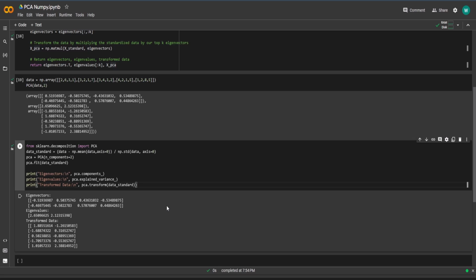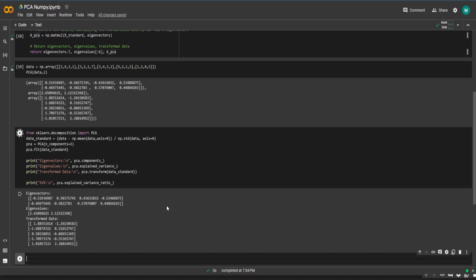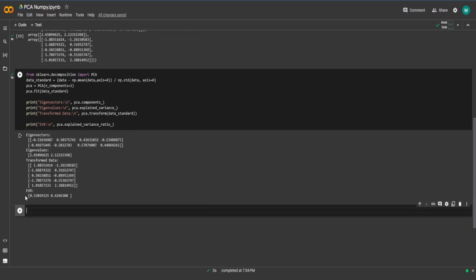Okay, another feature that we can use is the explained variance ratio, which is done by explained_variance_ratio_. Okay, so this is the output. What does this mean? Remember, in the beginning I mentioned that we want to pick the top principal components that have the greatest variance, right?